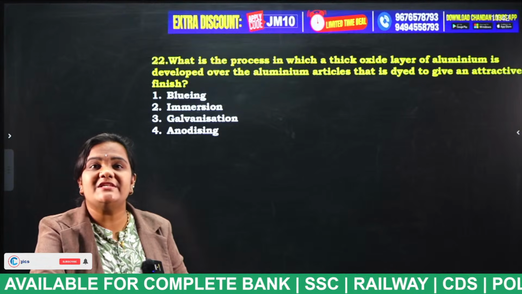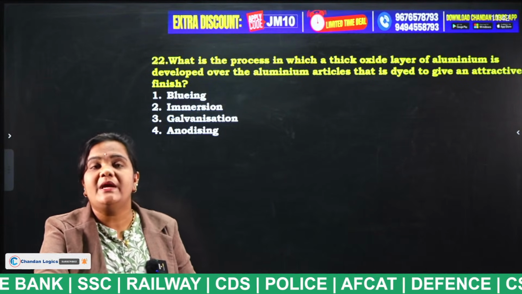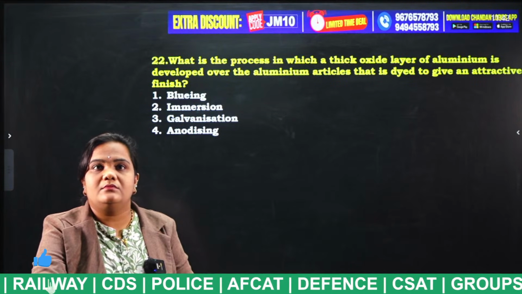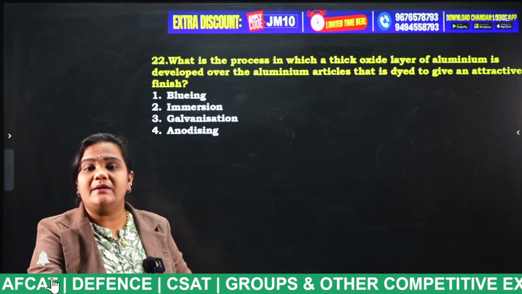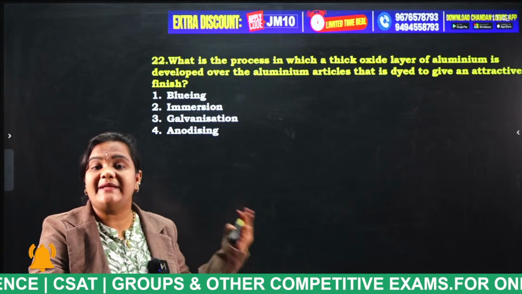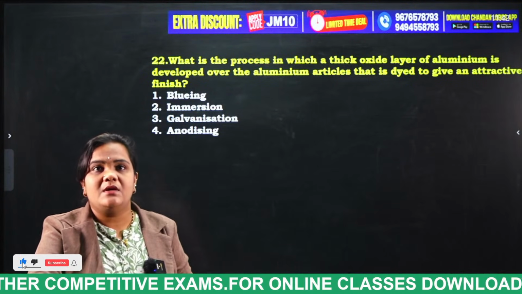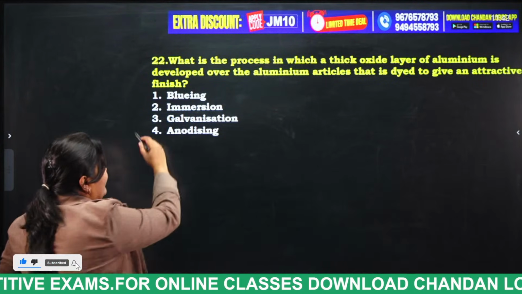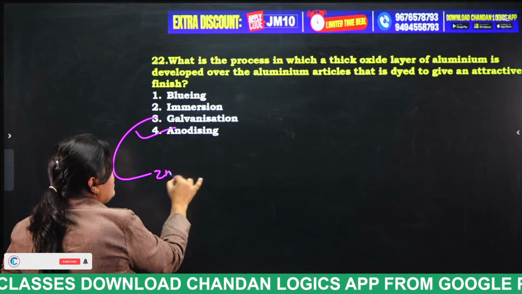No, galvanization is nothing but dipping the metal in zinc in order not to be corroded. Bluing is where aluminium is painted with dyes to get it for decorative purposes. Very good, Nagarani. Anodization is the oxide layer process.